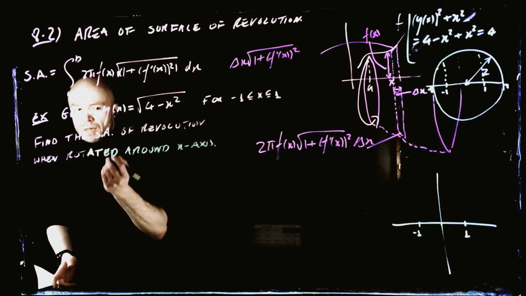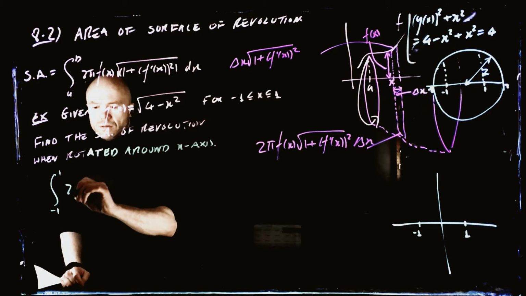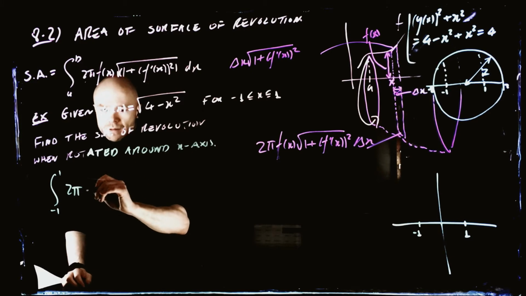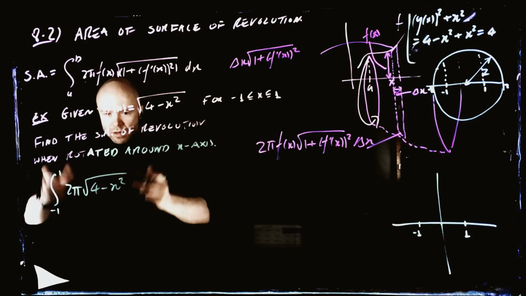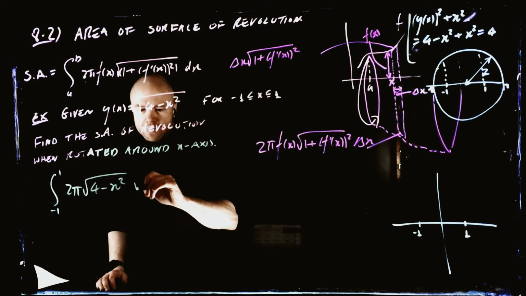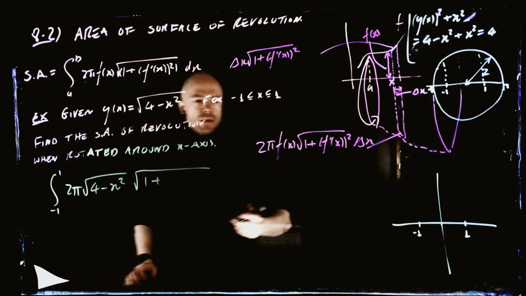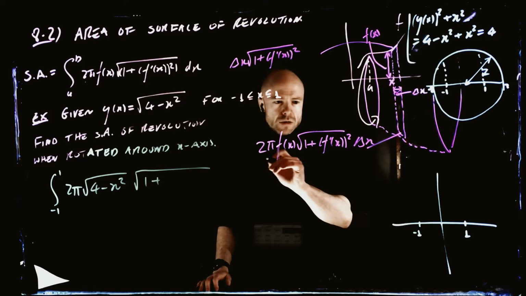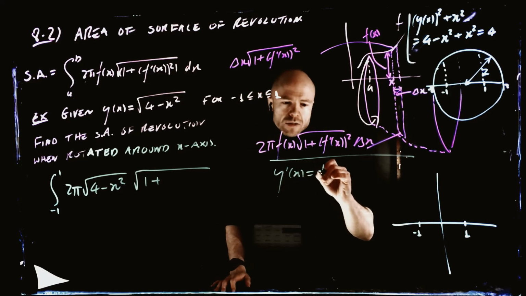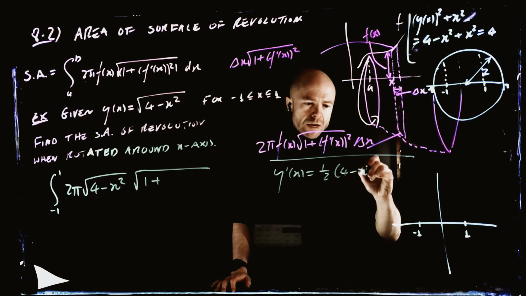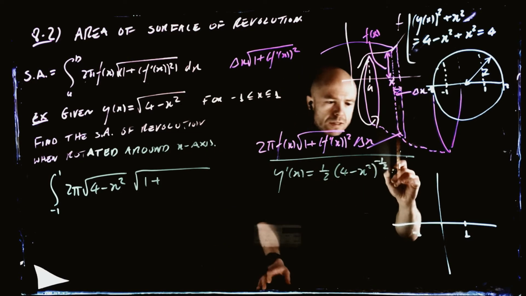So all we have to do is plug it into the formula. So we're going to integrate from -1 to 1 of 2 pi times this thing. Okay, this is the perimeter of the strip, and then 1 plus, and then we take the derivative of this thing. Let's put the derivative over here. So y prime of x is 1 over 2, 4 minus x squared to the minus 1 over 2, and then we differentiate what's on the inside.